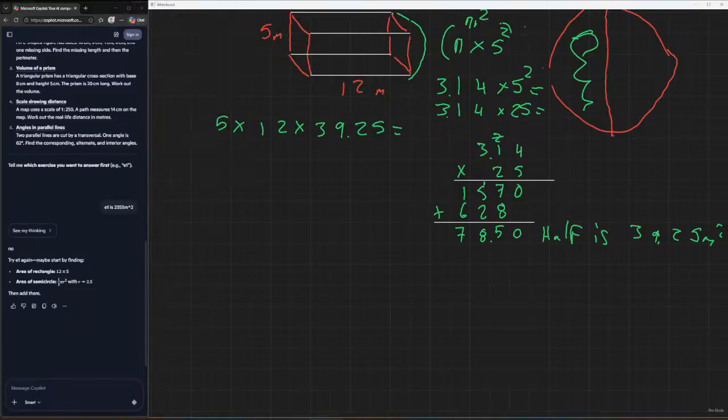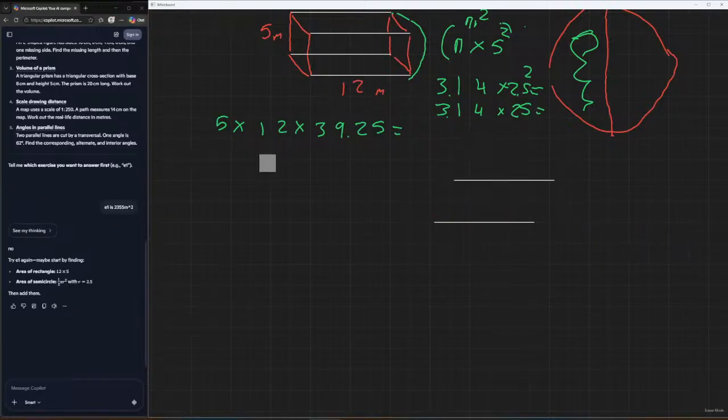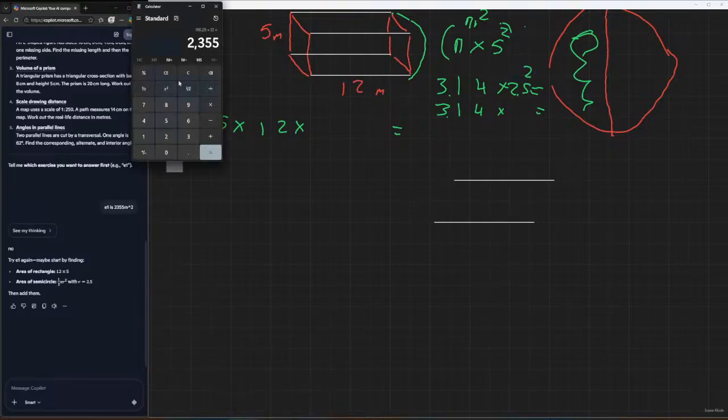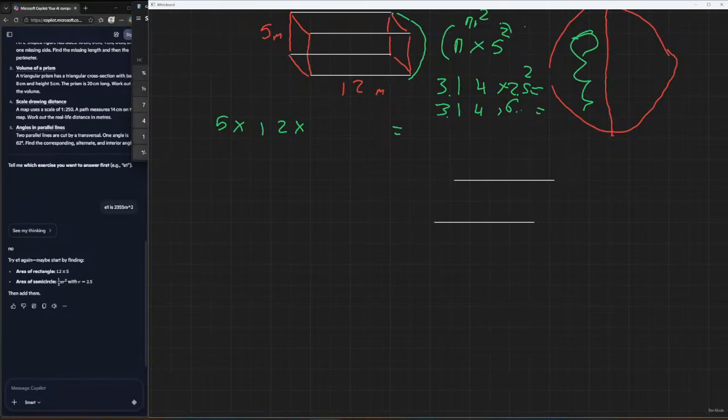So if we recalculate this with 2.5, 2.5 times 2.5 is what? 2 times 5 times 2 times 5 is 625.